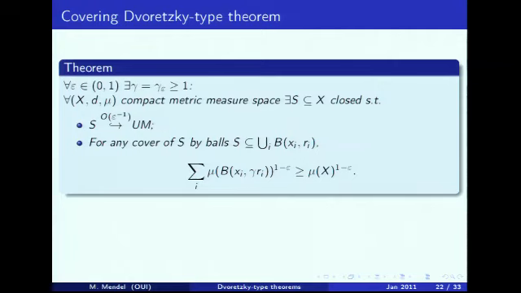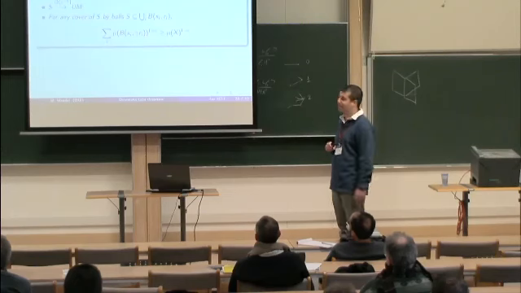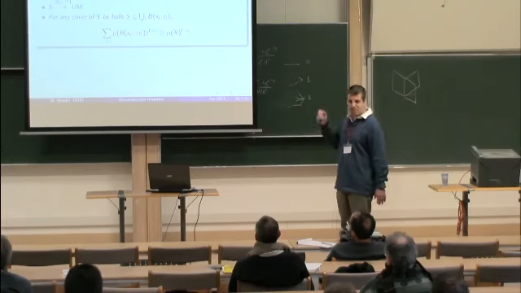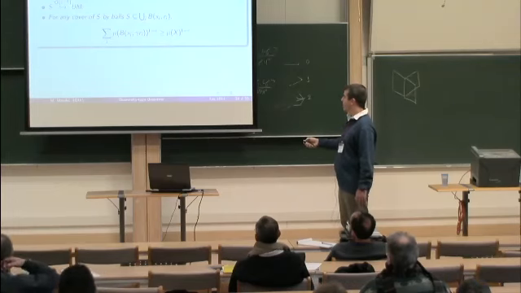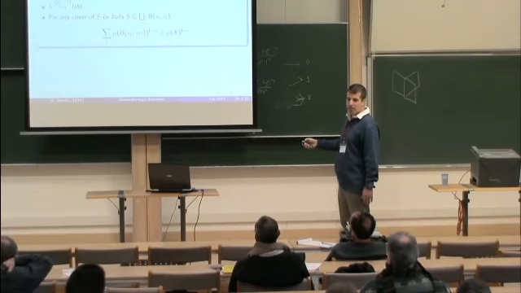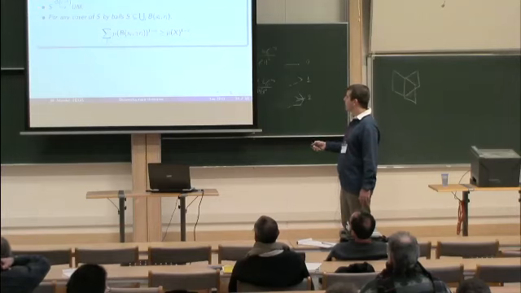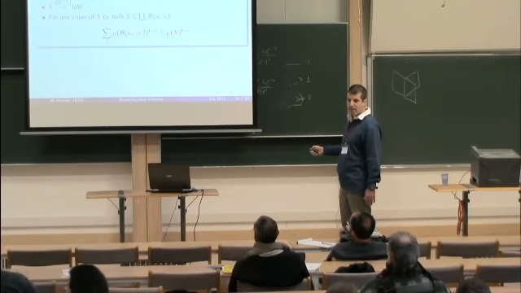For any compact metric space with an outer measure on it, there exists a subset of X, which is, as you may expect, 1 over epsilon approximate ultrametric. And the second bullet says that this subset is large.